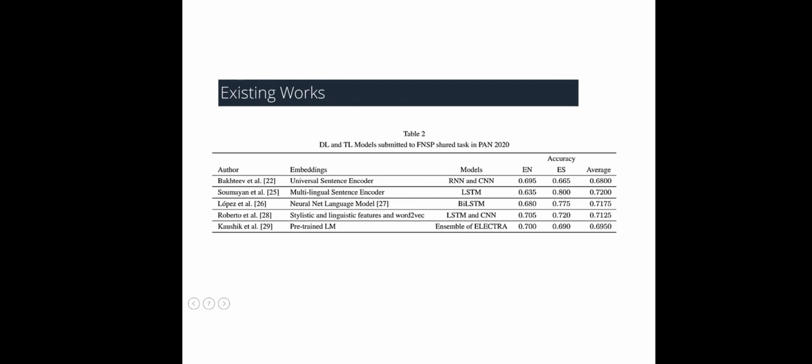In table 2, in the previous table we gave models based on n-grams and machine learning, but in this table we are giving different features based on transfer learning or transformers and deep learning models, which are based on RNN, CNN, LSTM, bi-LSTM, combinations of them, or ELECTRA and BERT based models. They usually use pre-trained language models, word2vec, or a pre-trained natural language model and syntax encoders.